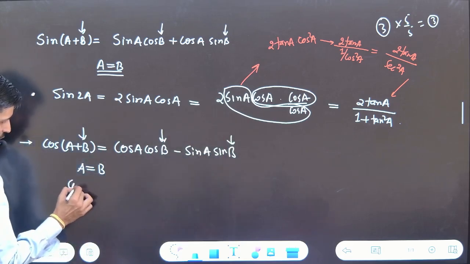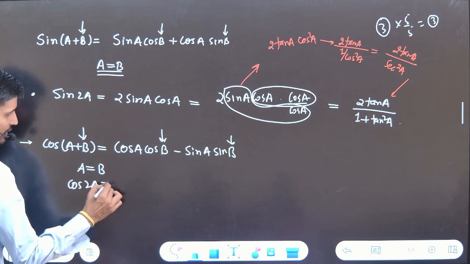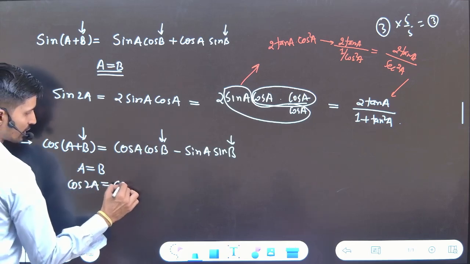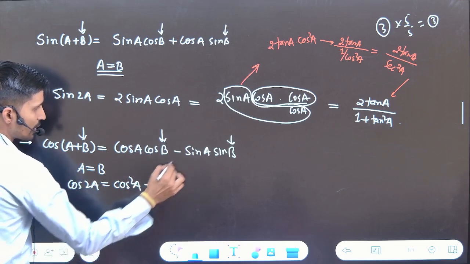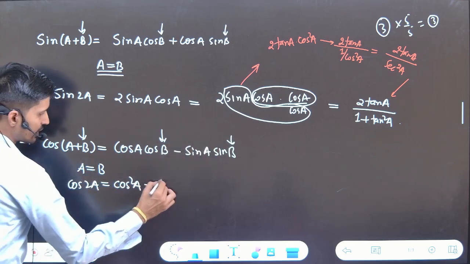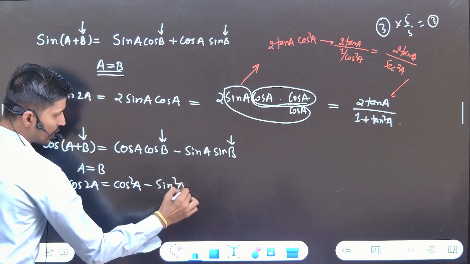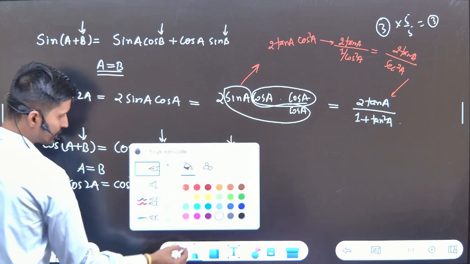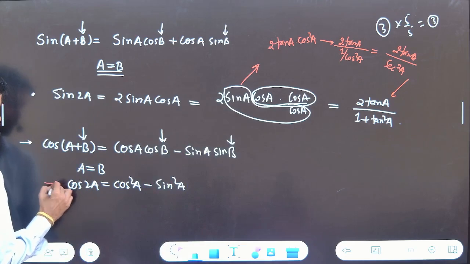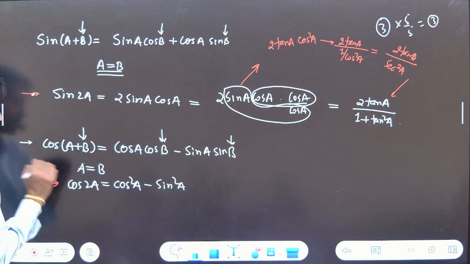So that will become cos 2A equals cos A into cos A, cos square A, minus sin A into sin A, sin square A. So this is the formula of cos 2 theta. This was the formula of sin 2 theta.